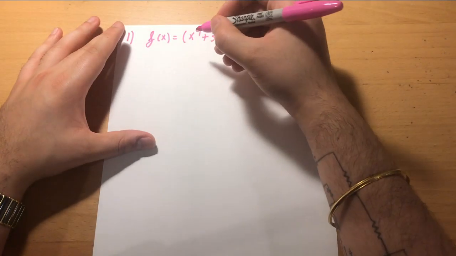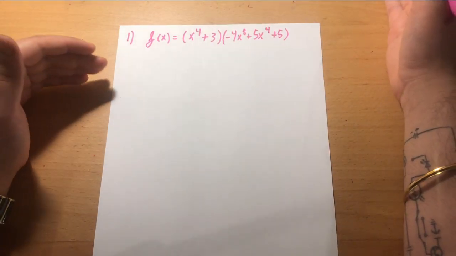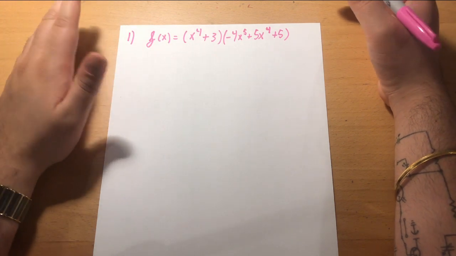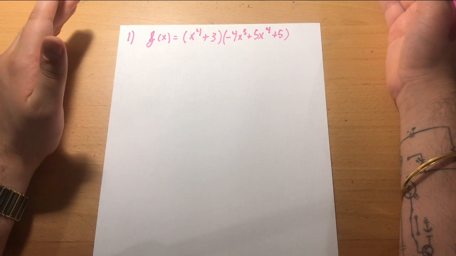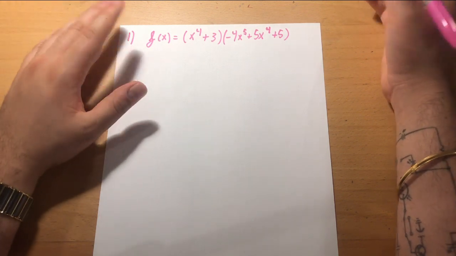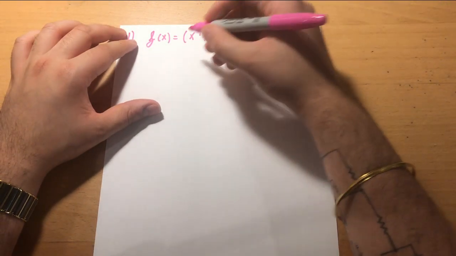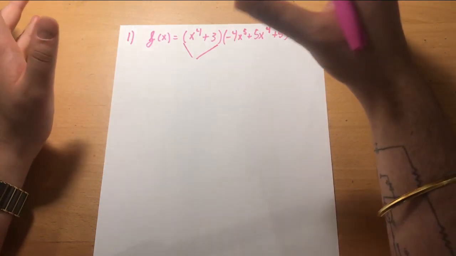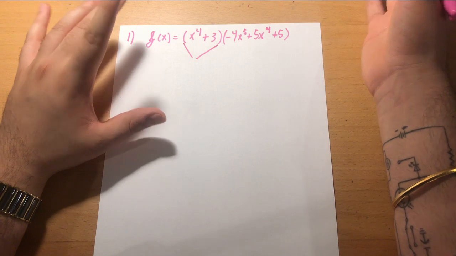Okay, so first let's figure out what my first function is and what my second function is. Since I'm already using f of x here, I'm going to use g of x and h of x to be my other two functions, to be the parts. So I think, again, with product rule, it's pretty clear to see what is multiplying what else.